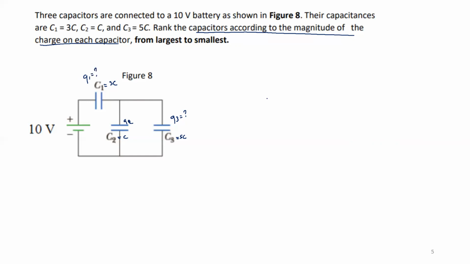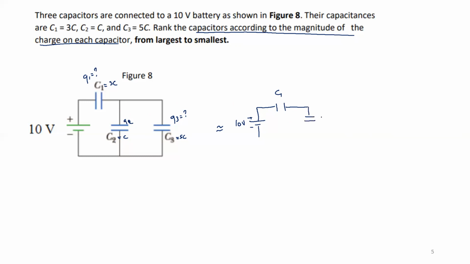Now let's get the equivalent capacitance. So this is equivalent to what? I have my battery, 10 volt. Now C1, I leave it as it is, and C1 is in series with these two gentlemen here. Now these two, C2 and C3, are in parallel.